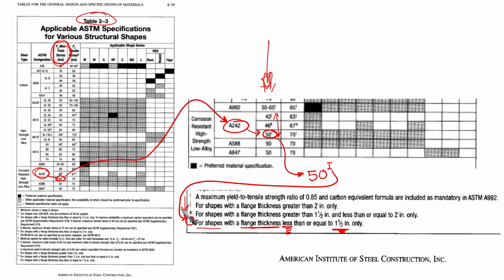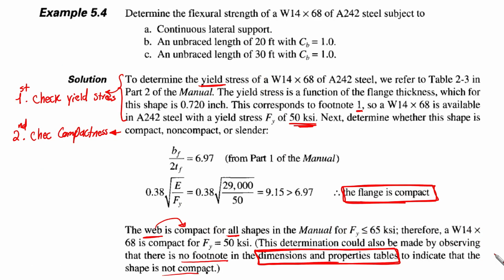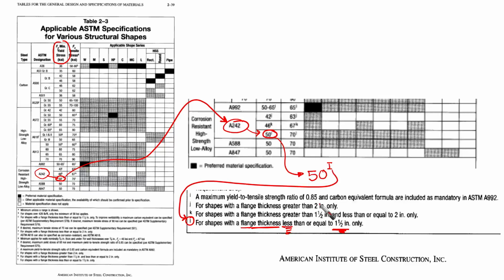So we have different values for shapes with thickness greater than and less than. Here it is less than. Our case has a 0.72 flange thickness. This means that Fy for our case is going to be 50 ksi. This corresponds to footnote i. Maybe it's not very clear, but you can find it in the table.